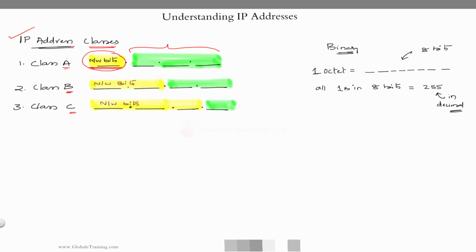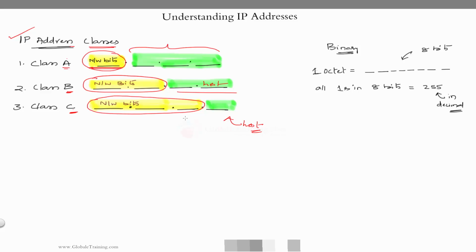In Class B, the first and the second octet represent network bits. Third and the fourth represent the host bits. In Class C, the first, second, third are used to represent the network bits, and the last octet is for the host.